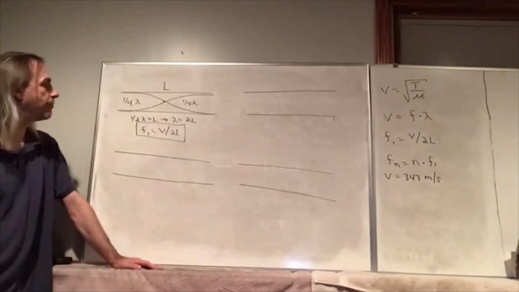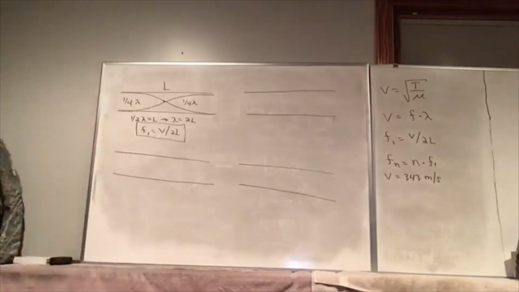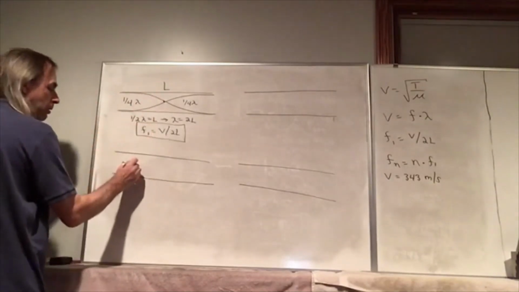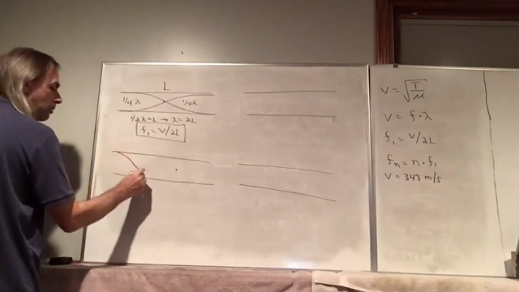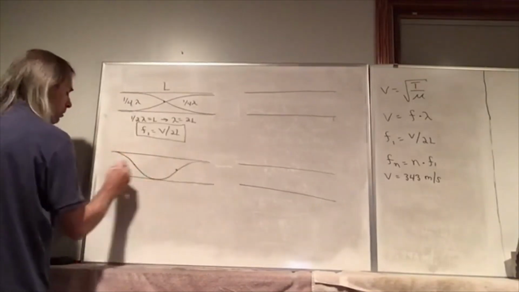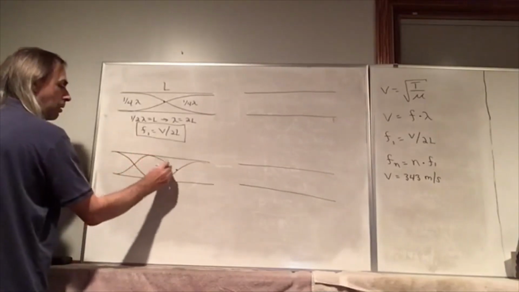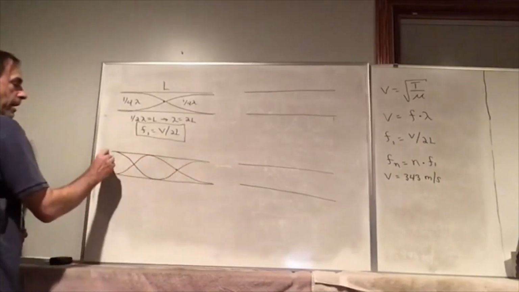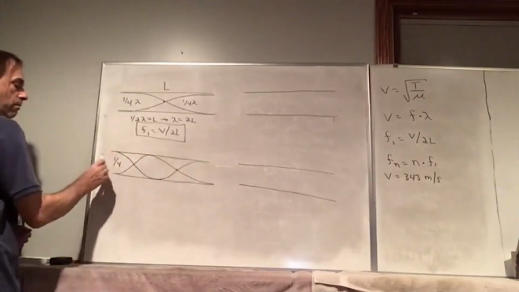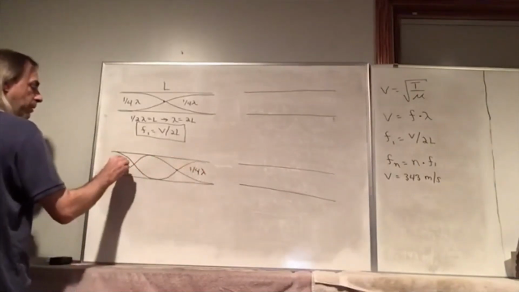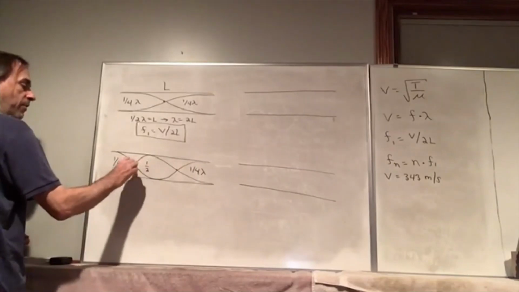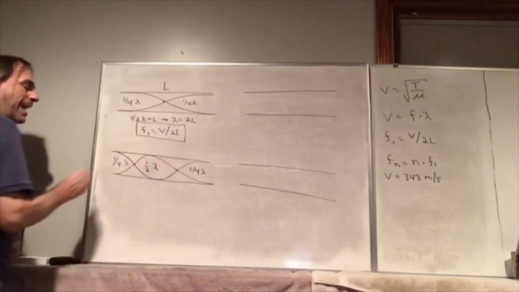Now, what's the next biggest wave we can get? Well, we go from one node to two. So here we have a quarter going from an antinode to a node, so each of those is a quarter. And from a node to another node is half a wavelength.